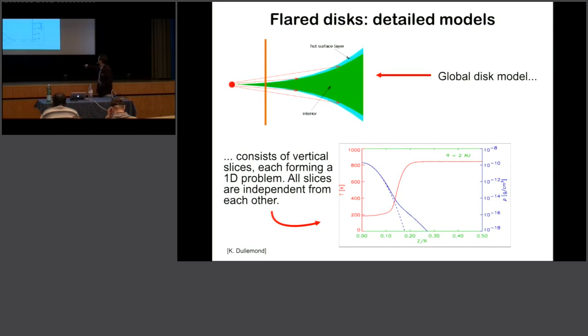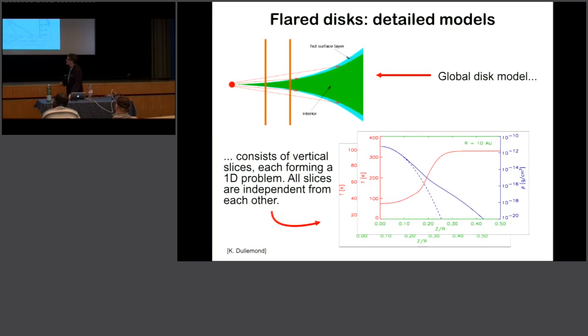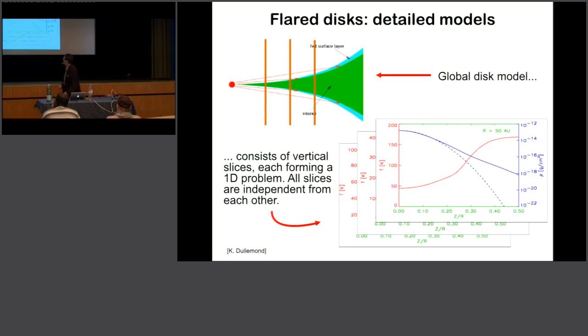And in the temperature profile you have the hot upper layers of the disk that contain a tiny fraction of the mass. Okay, they are tenuous, but they absorb all the stellar radiation essentially. And then you have a fast transition toward the interior temperature, which contains most of the mass and is at a lower temperature. Okay, and if you move away from the star, obviously you have less heating from the star, so your temperatures go down, but the overall shape remains the same.